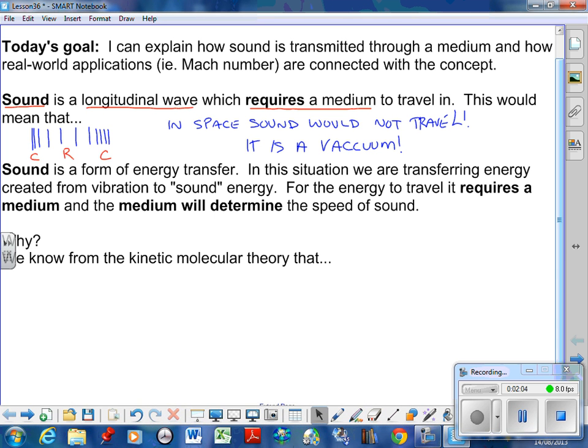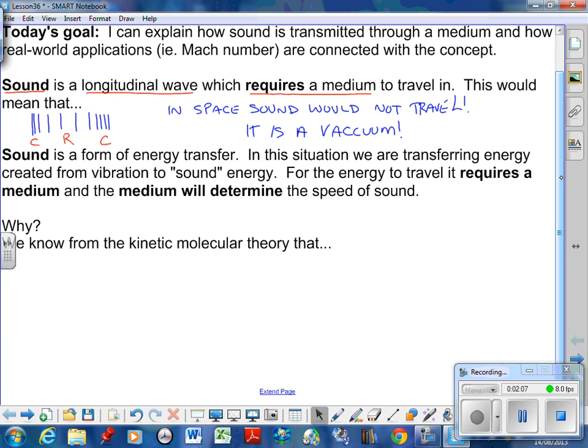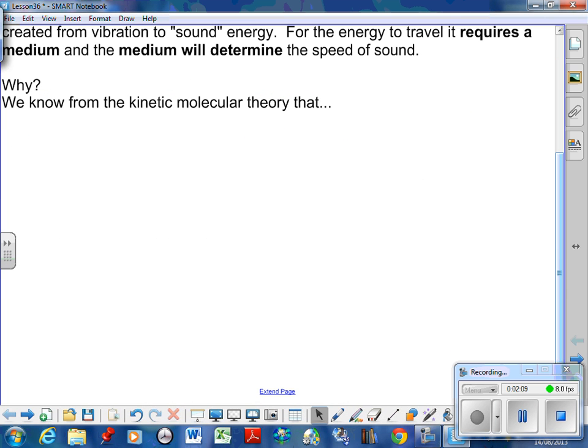Why is that? Well, we know from the kinetic molecular theory that solids are tightly packed. So this goes back to our third unit. Tightly packed, which have low energy.